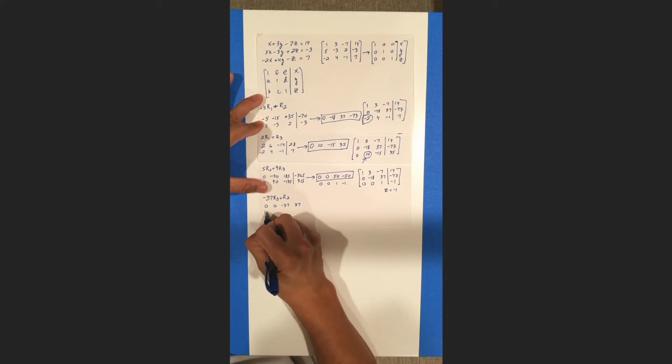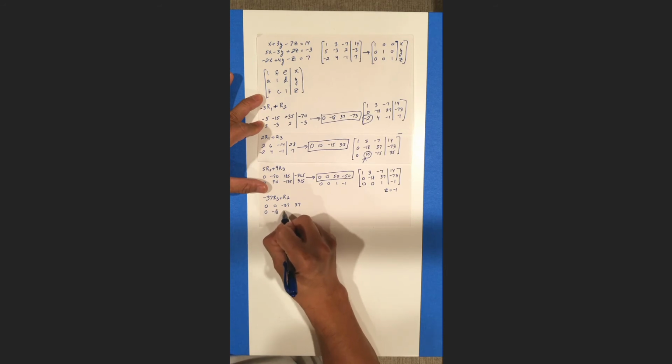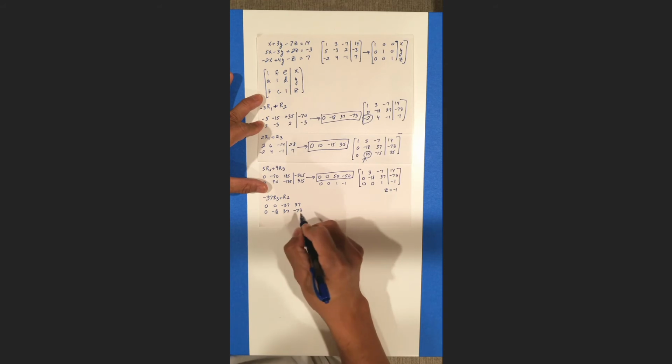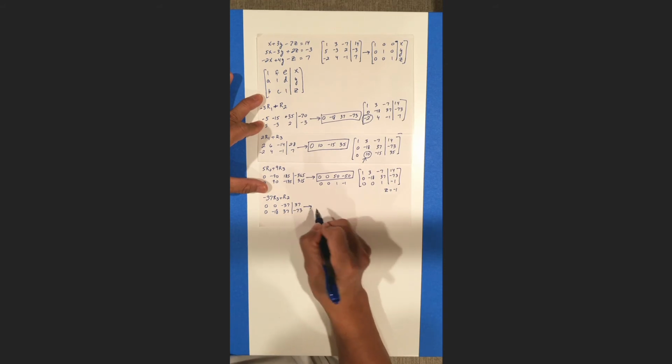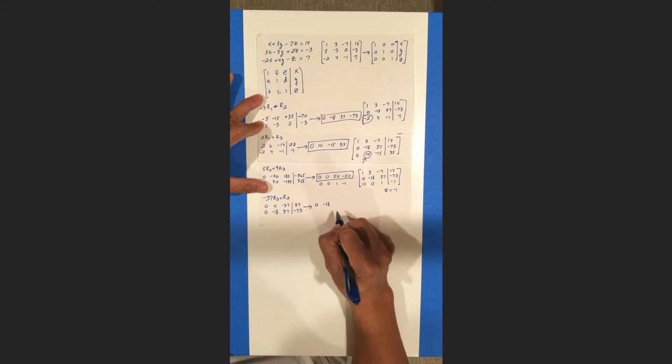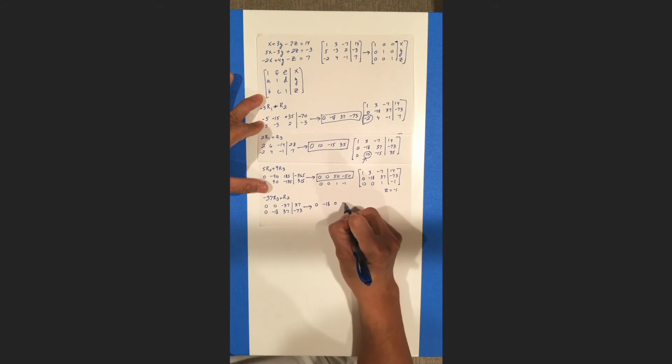And row 2 is 0, negative 18, 37, negative 73. When I add these together, I'm going to get 0, negative 18, 0, negative 36.